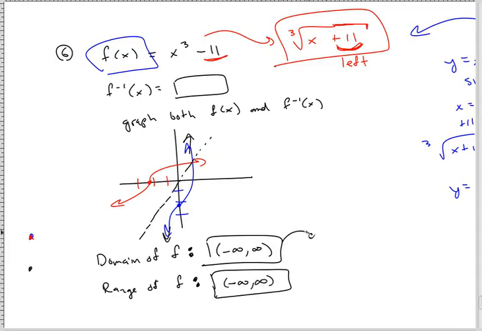They're going to ask also for the domain of f inverse and the range of f inverse. It's kind of funny how they're asking it.